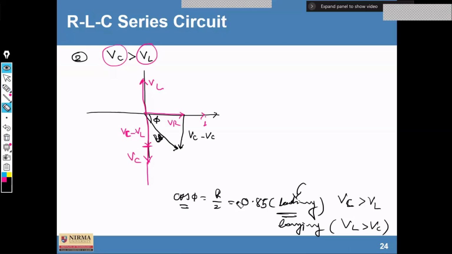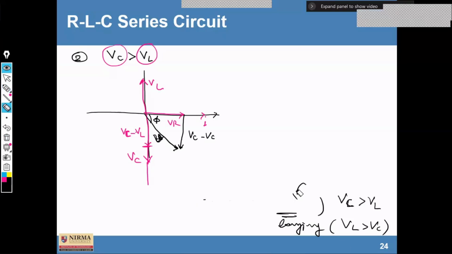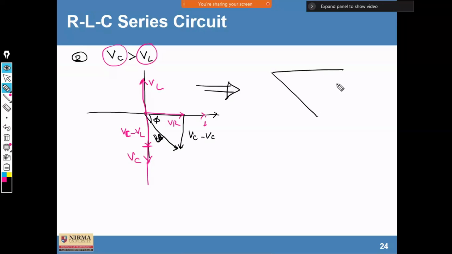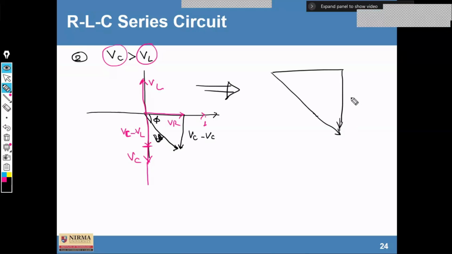So we can find the voltage triangle, and the third is the impedance triangle. Now from this we can derive the voltage triangle, and the voltage triangle looks like this for the condition VC greater than VL. So we can write this is VC minus VL.